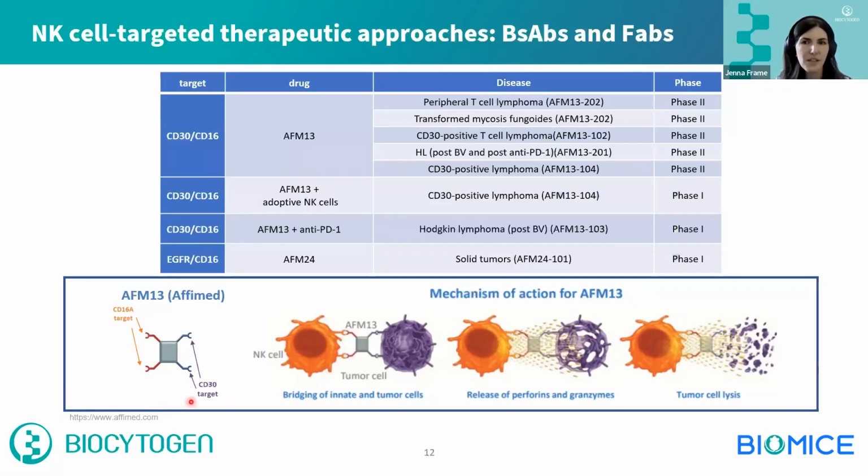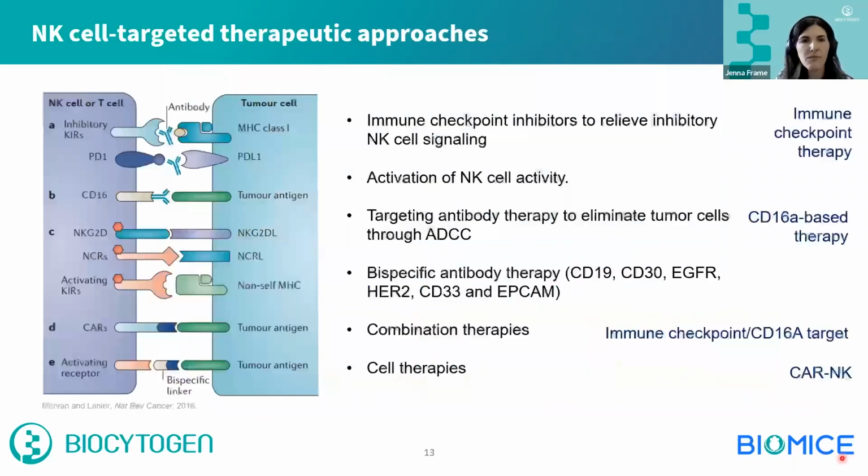And there are several of these in clinical trials. So in this cartoon, AFM13 is shown, which targets CD30 and is currently being used to treat CD30 lymphomas and other diseases. And finally, the last therapeutic strategy is cell therapies, which can also be evaluated in our mouse models, and I'll discuss that a little bit later.